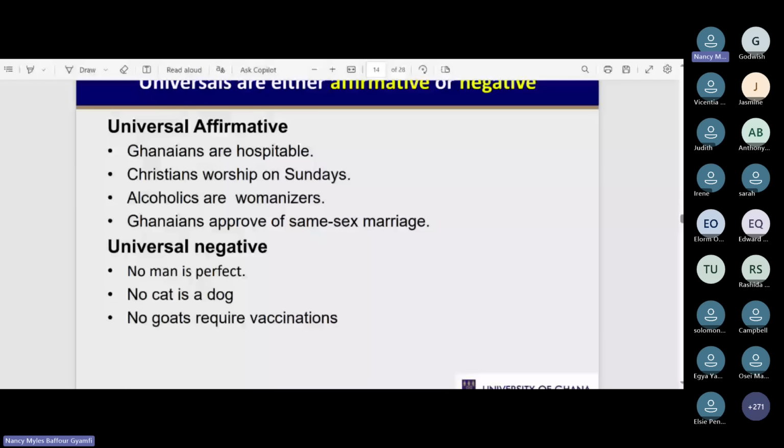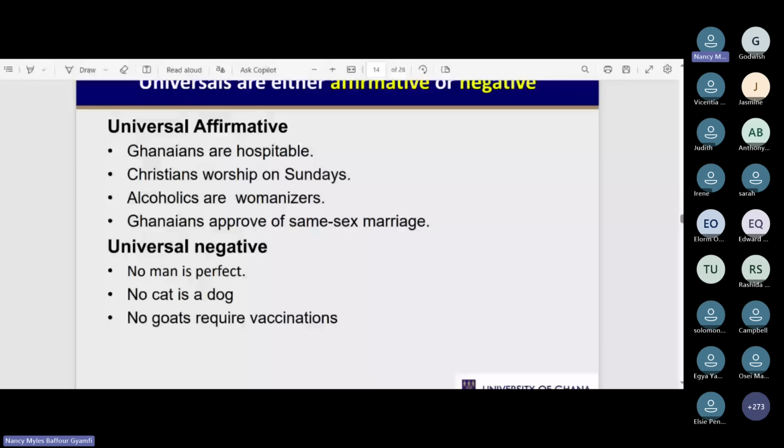The not goes into the consequent when you expand it. Everyone watch. So no man is perfect on your screen. If you expand it, it will be: if X is a man, then X is not perfect. Second one, no cat is a dog.